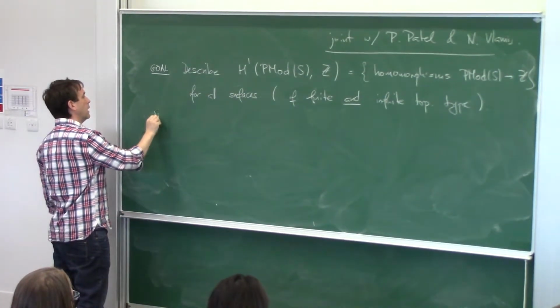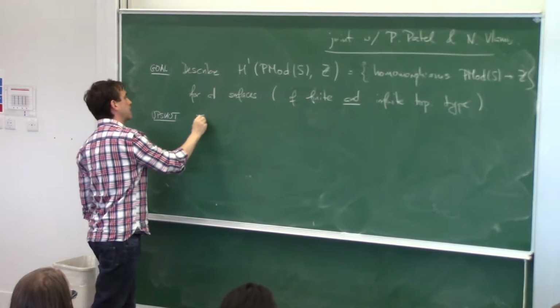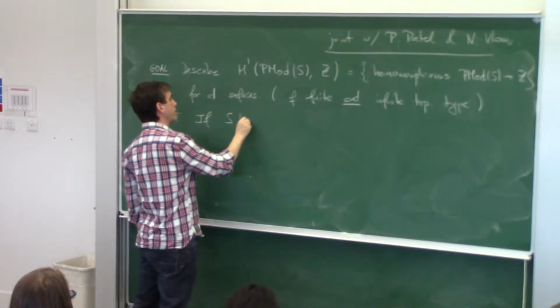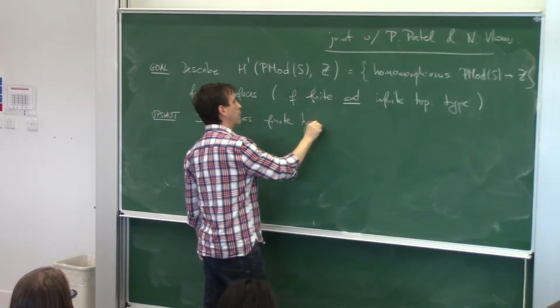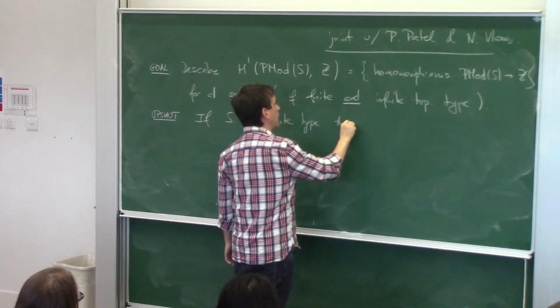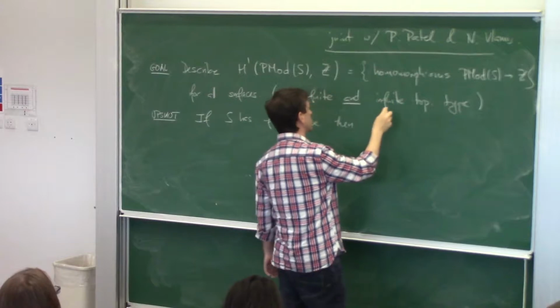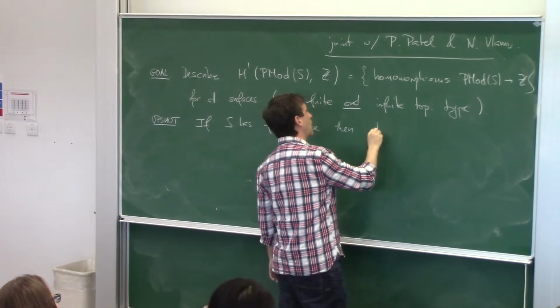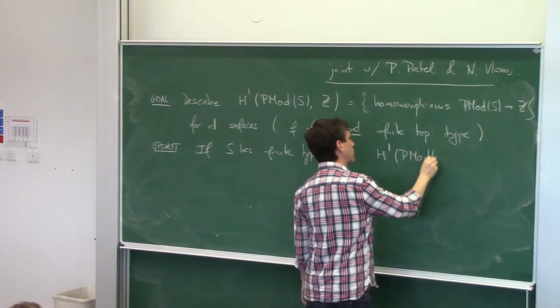What's going to happen is that if S has finite type, then in general, this is not true for all surfaces, but with some exceptions, some low genus cases, H1 tends to be trivial.